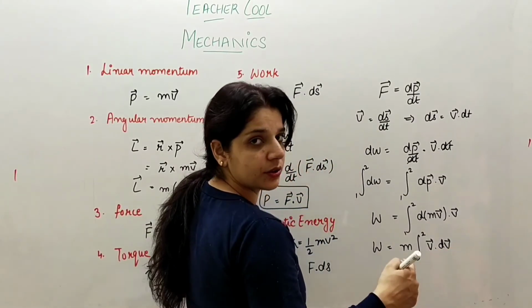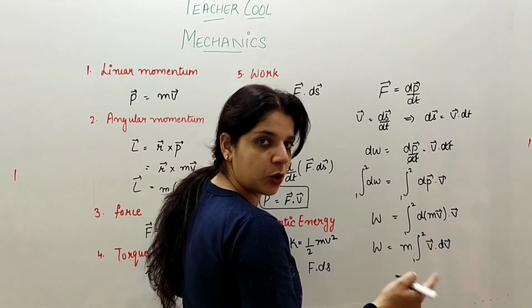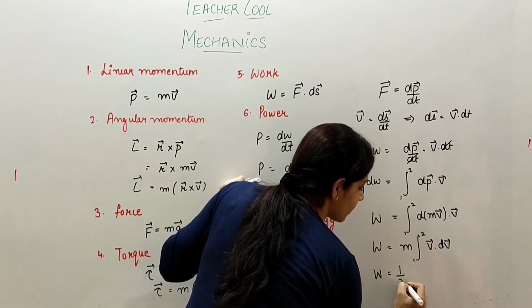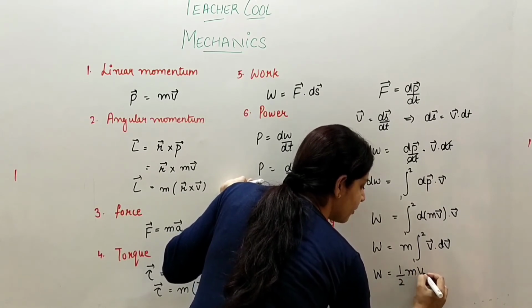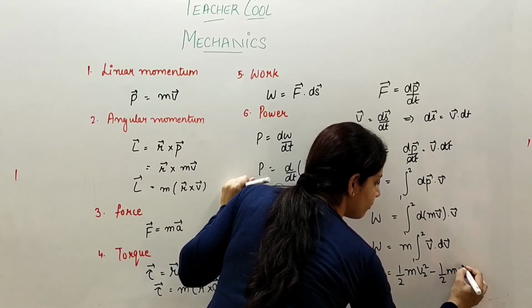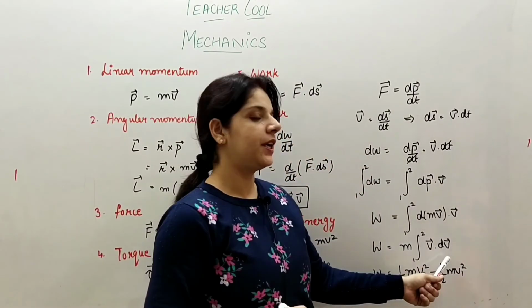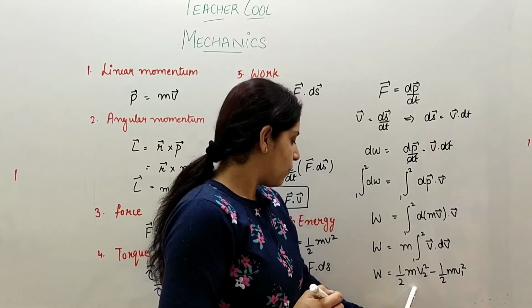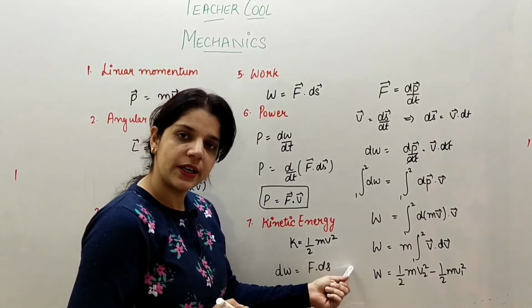What is the integration of this? v square by 2, so I'll get half m v2 square minus half m v1 square, integrating and putting the values of the points 1 and 2. What is this? Half mv square is kinetic energy.